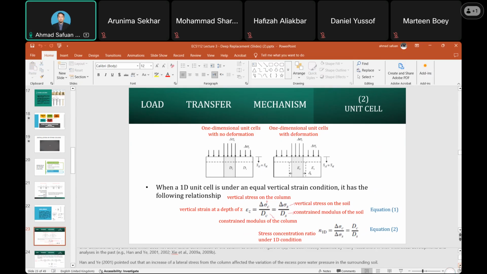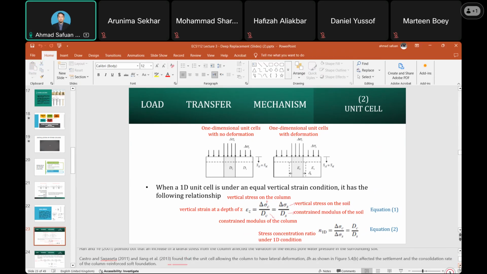Han and Ye pointed out that the increase of lateral stress from the column affected the variation of the excess pore water pressure in the surrounding soil. And Castro, Sagaseta, Jiang et al. found that a unit cell allowing the column to have lateral deformation, shown here as delta H, affected the settlement and concentration ratio of column reinforced soft foundations.